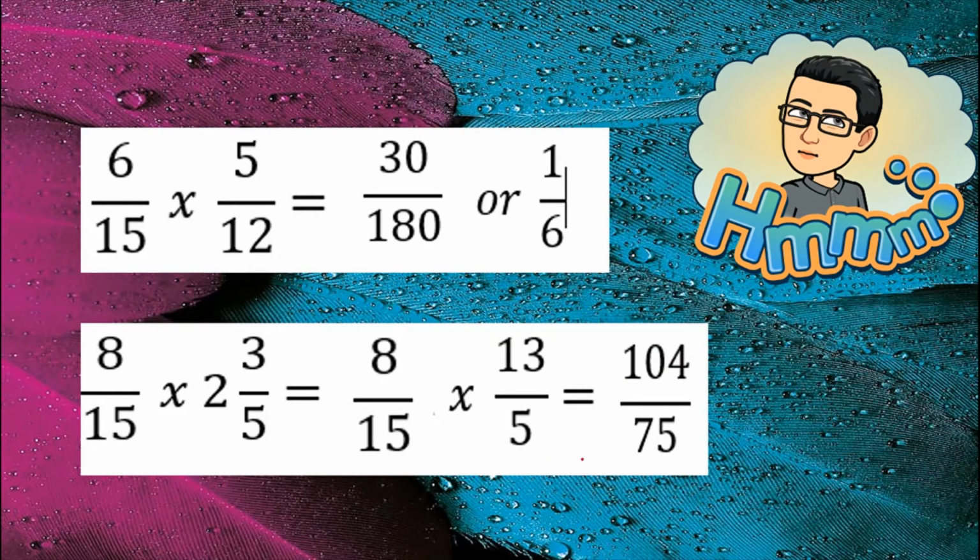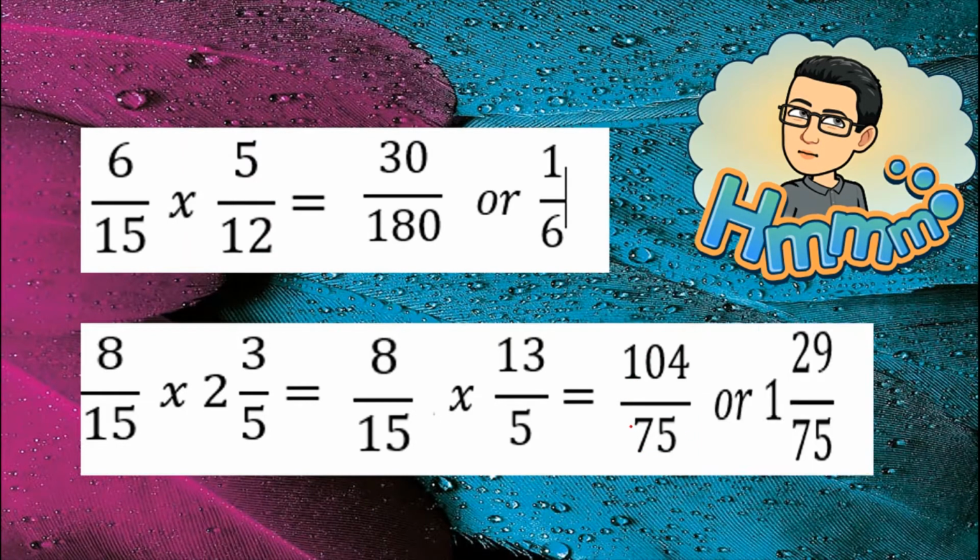And 15 times 5, that is 75. Now this time, let us change this into a mixed number. The answer for this one is 1 and 29 over 75. So can we change this fraction part into lowest terms?